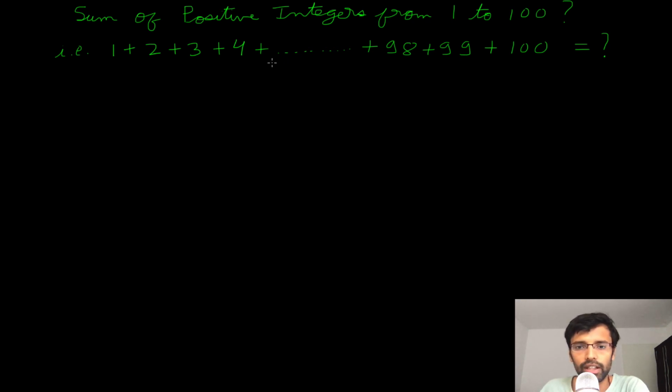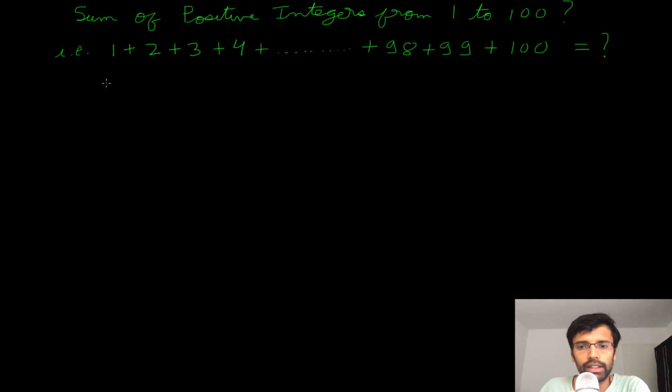It will take a lot of time, a lot of writing. You need to keep account of what is the sum until now, and then again calculate many more sums. And surely if I then increase this number 100 to 1000 or something like that, then that approach is no more very practical to take.